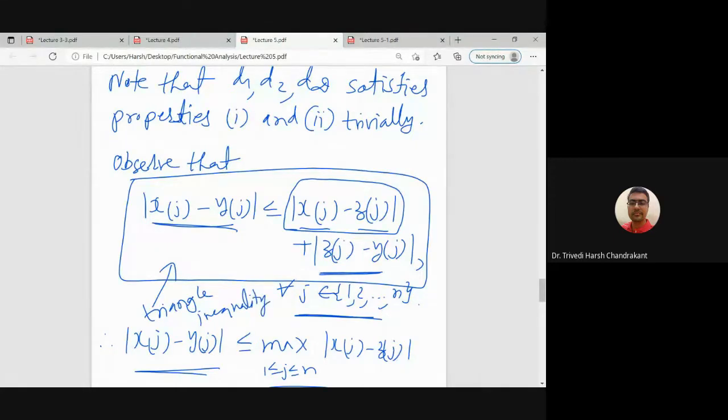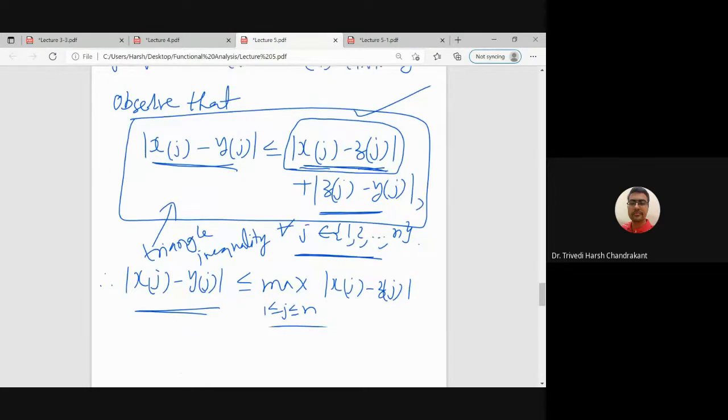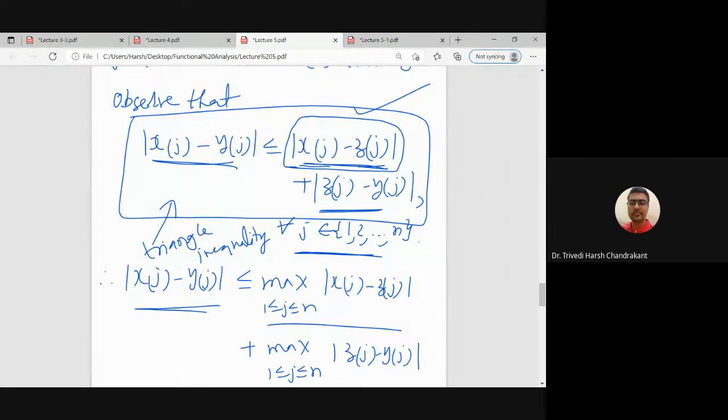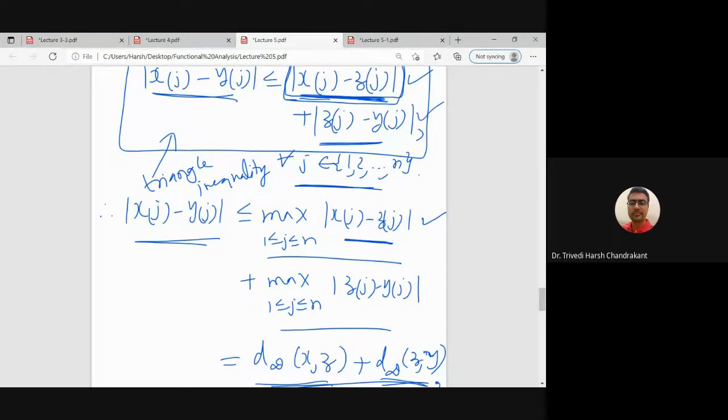So each coordinate satisfies the triangular inequality, and then we know that if we have non-negative numbers indexed by j, and we take the maximum, then the maximum is bigger than each of the numbers, right? So therefore this is less than or equal to this. Similarly, the maximum of all such numbers by changing j is less than or equal to this number.